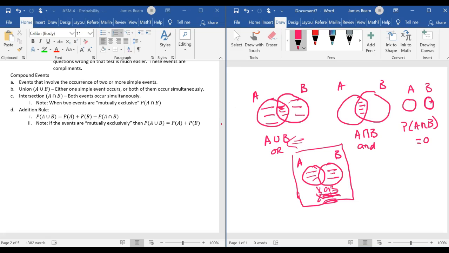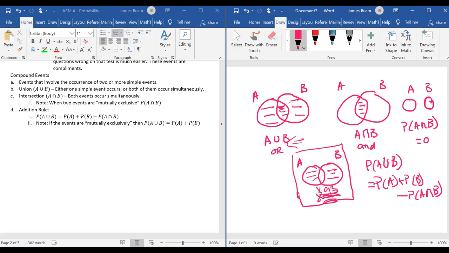All right, so the probability of the union follows what we call an addition rule. Sorry, I'm off base there. The probability of being in the union is the probability of being in A plus the probability of being in B minus the probability of being in both.